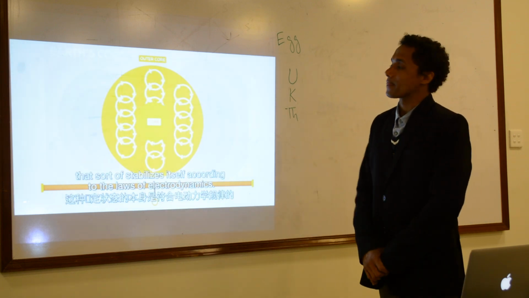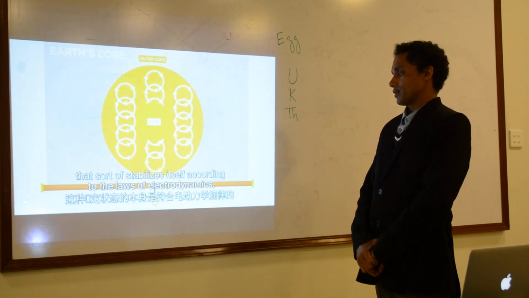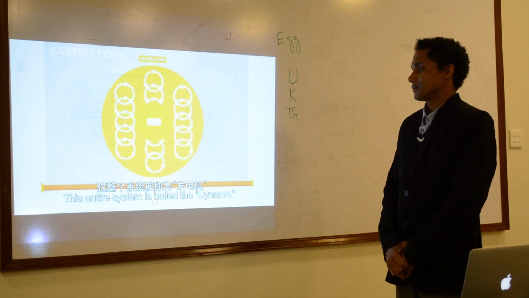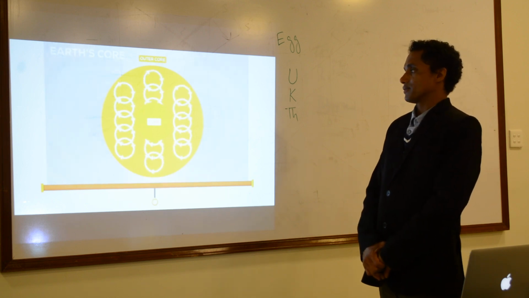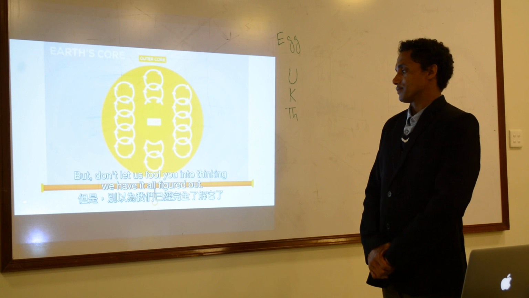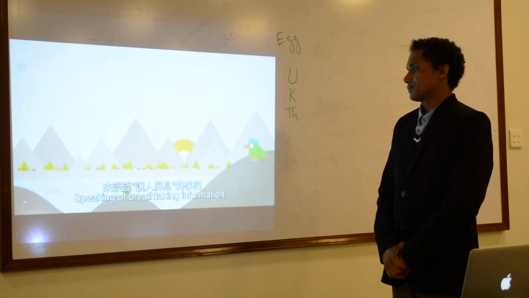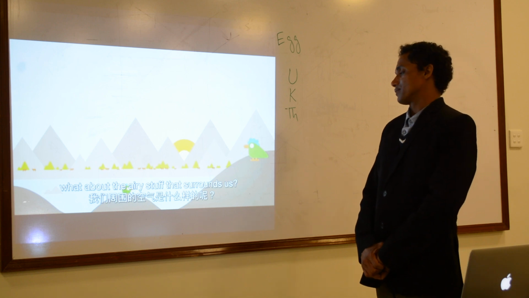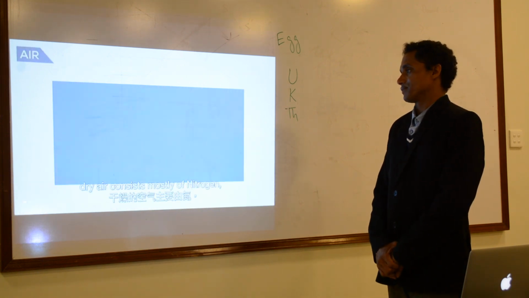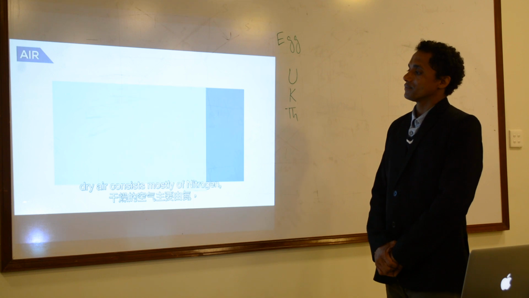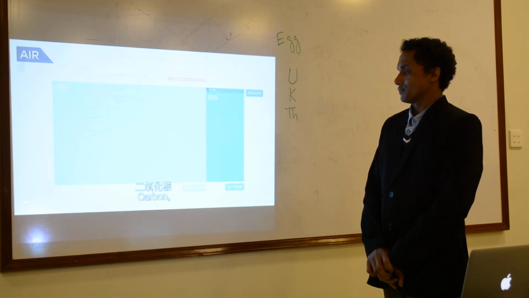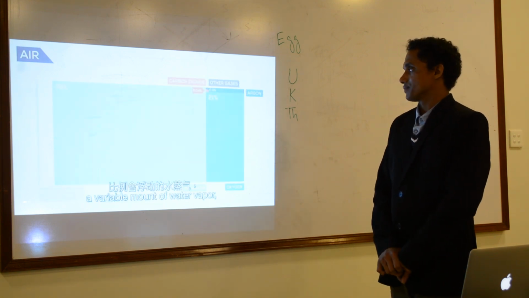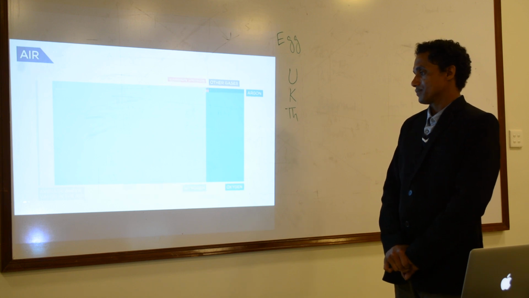A field that sort of stabilizes itself according to the laws of electrodynamics. This entire system is called the dynamo. But don't let us fool you into thinking we have it all figured out. Speaking of breathtaking information, what about the airy stuff that surrounds us? By volume, dry air consists mostly of nitrogen, oxygen, argon, carbon, a variable amount of water vapor, and small amounts of other gases.